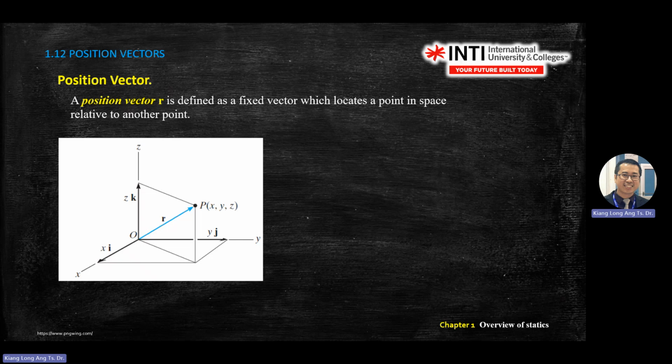So how do you represent this blue vector? This blue direction is the combination of these 3 arrows, xi, yj, and zk.